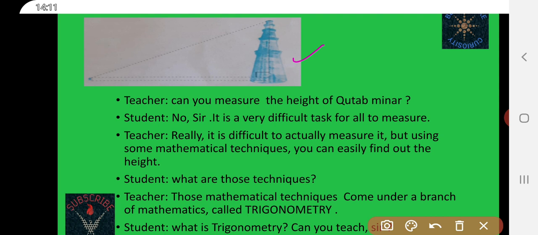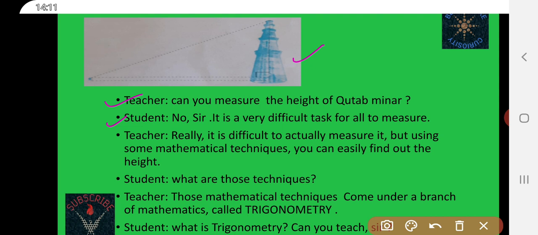Also the teacher asked the student to measure the height of Qutub Minar. So the teacher first asks, can you measure the height of Qutub Minar? The student replies, no sir, it is a very difficult task for all to measure.